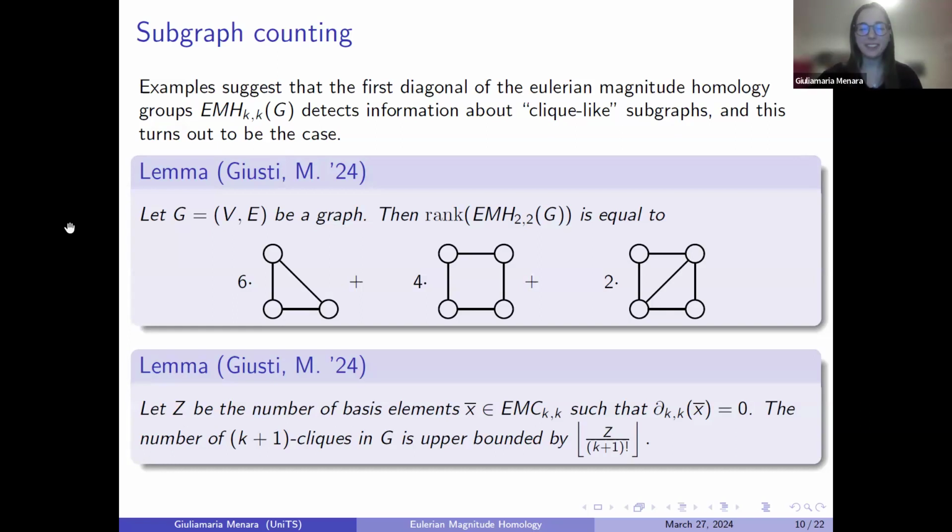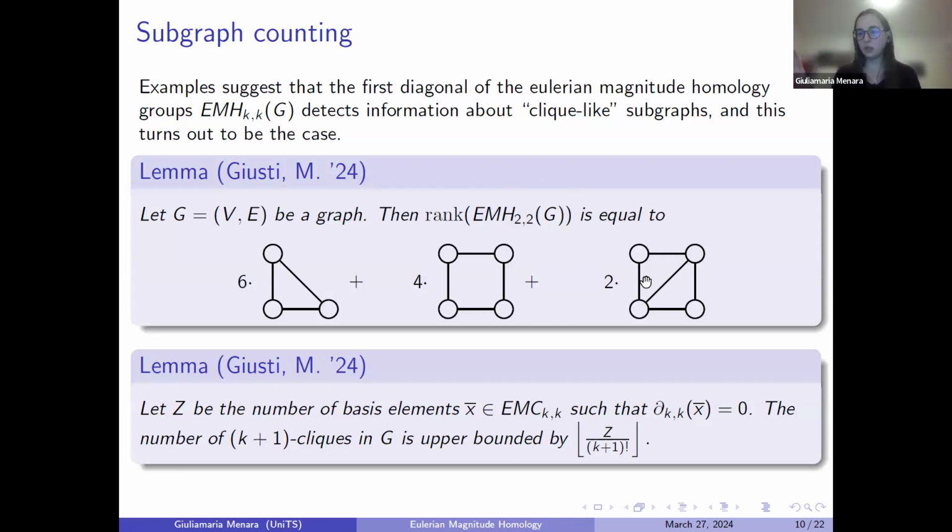Well, I don't know either. It is a work in progress. It's more or less what I was telling Nicholas before. If you compute the Euler characteristic of the Eulerian magnitude chain, then you are going to get a polynomial, and what I think is that the coefficients of this polynomial are going to count, for example, the first coefficient the number of triangles, the second coefficient the sum of squares plus cochlear squares.